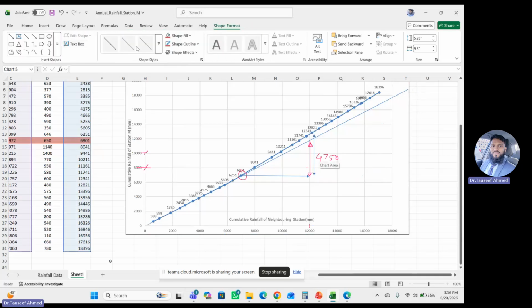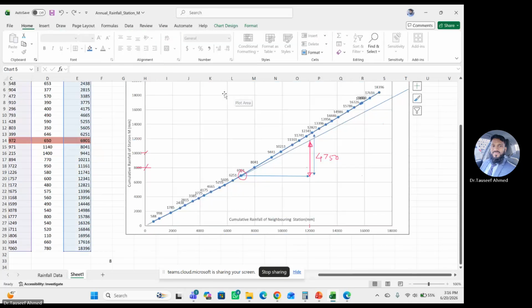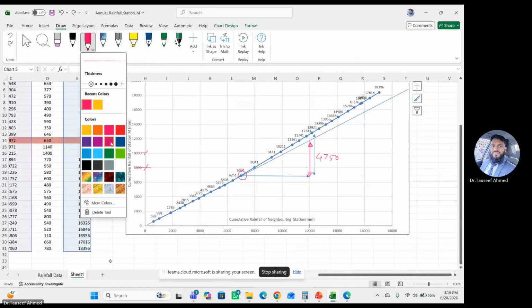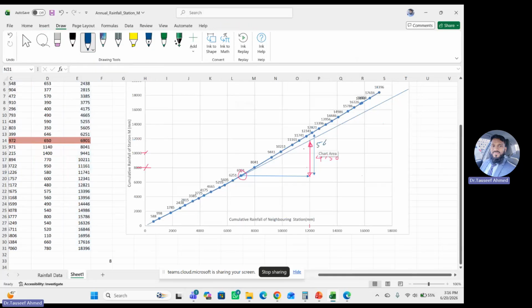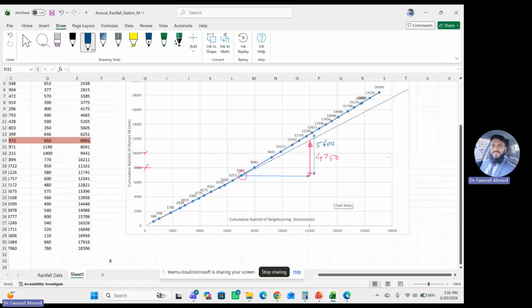This value, the blue color value, is 5,400. Now what I said, the formula is actually, for the correct one, 4,750 divided by 5,400.